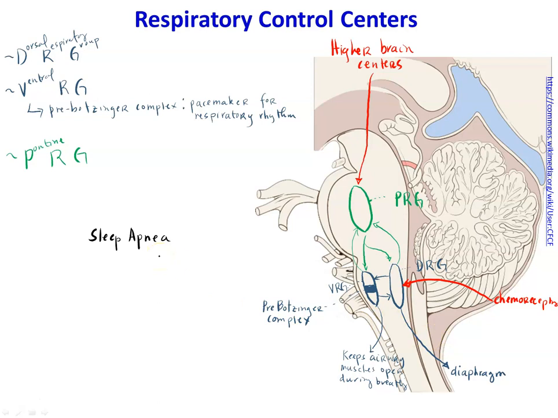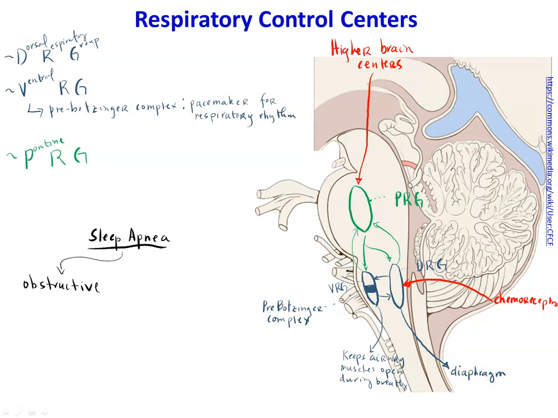And for sleep apnea, there's two main types of sleep apnea. So the first type is something called obstructive. And all that is when the airway becomes blocked during sleep.